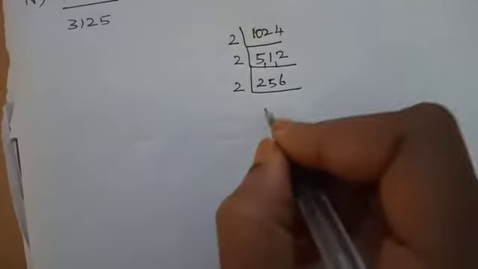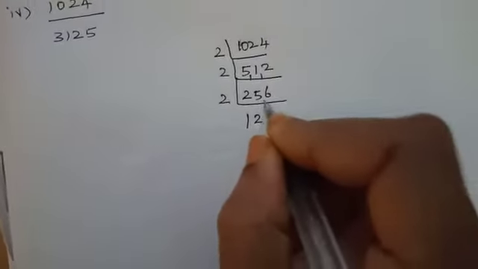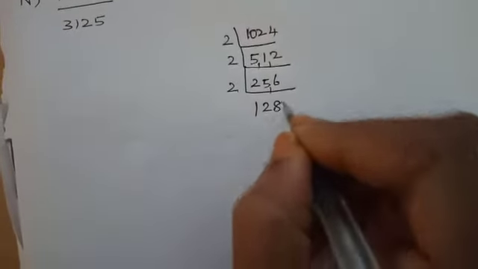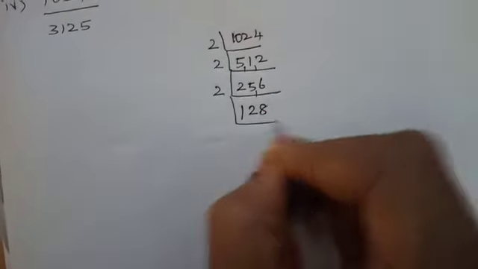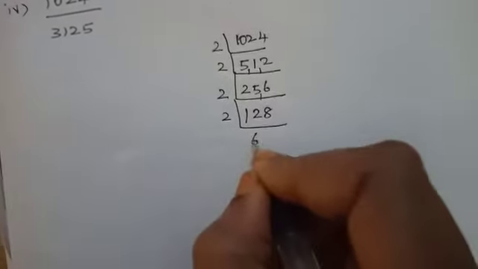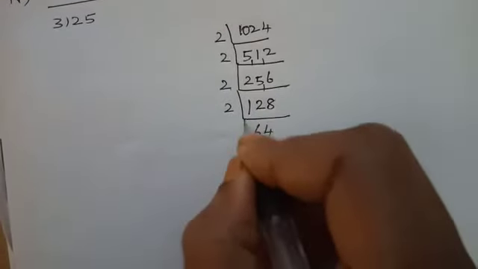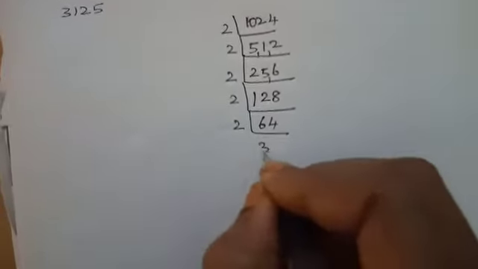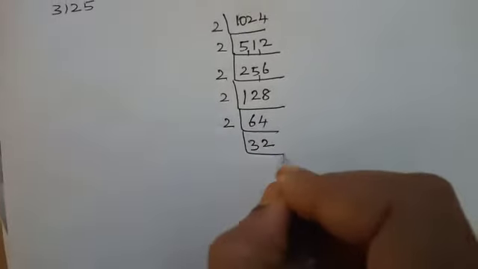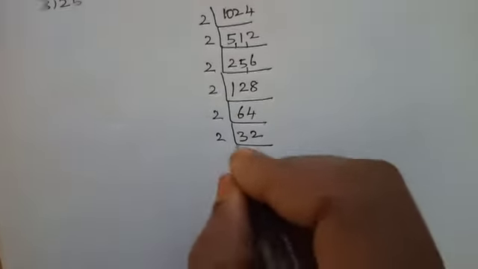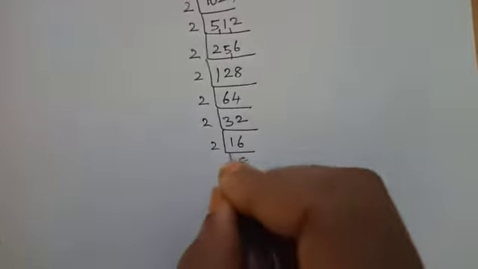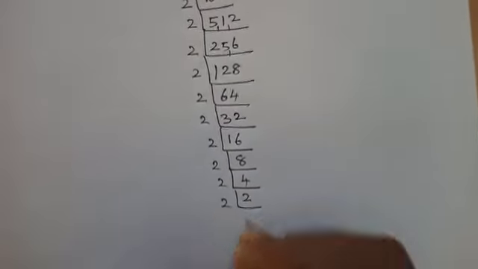So again 2. 2 1s are 2, 2 2s are 4, remainder 1, 16. 2 8s are 16. So 2 6s are 12, 2 4s are 8, 2 3s are 6, 2 2s are 4. Again 2 into 16, 2 into 8, 2 into 4, 2 into 2, 2 into 1.